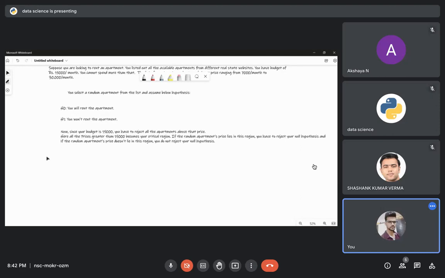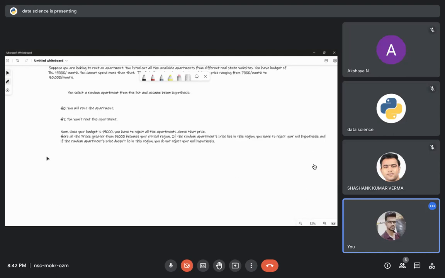Okay, so now here the critical region is what? Let me describe this part first. The critical region lies in one tail or two tails.